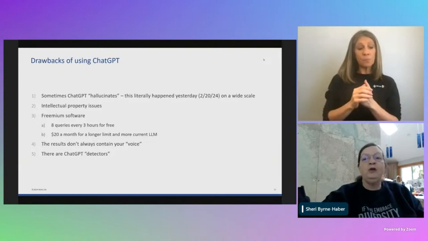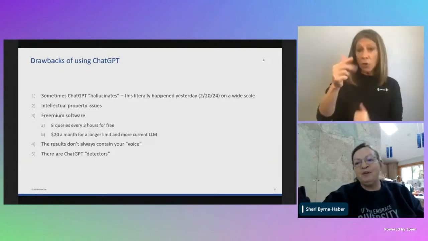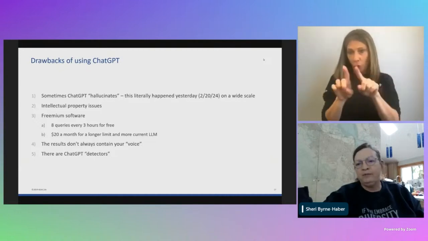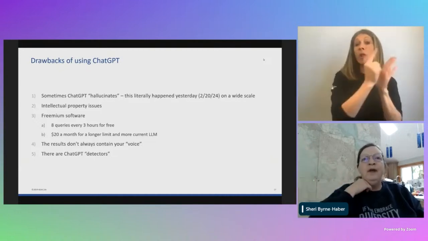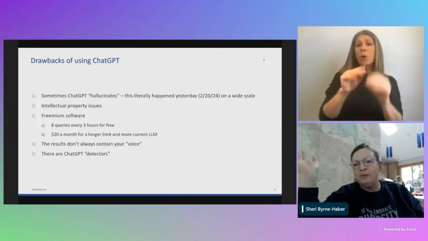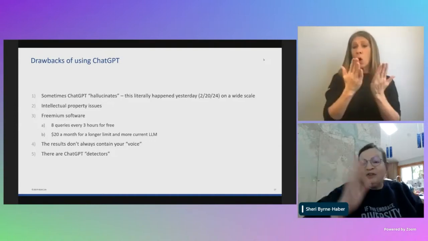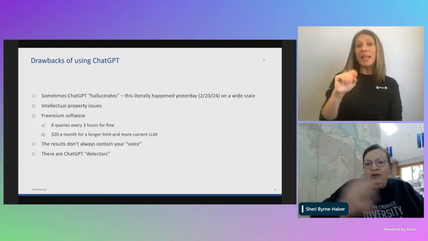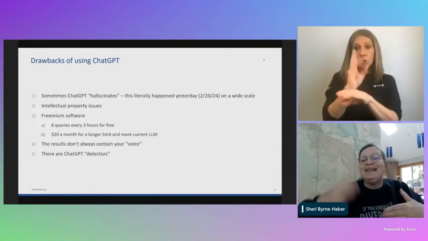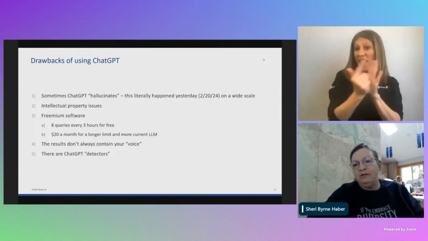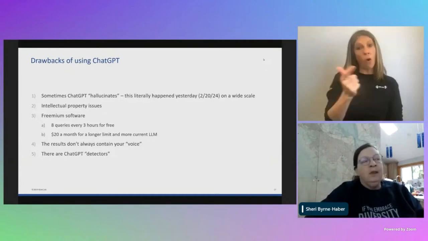So John Grisham, for example, is the famous lawyer author who writes law dramas. Somebody put a PDF file of one of his books online. That was a copyright violation. ChatGPT consumed it. The question is, is ChatGPT continuing the copyright violation? So that's all tied up in court right now.